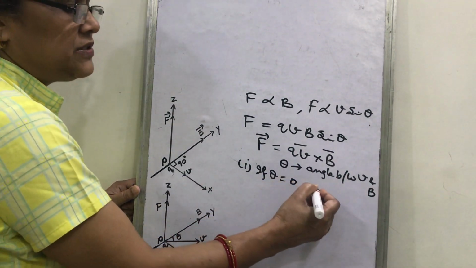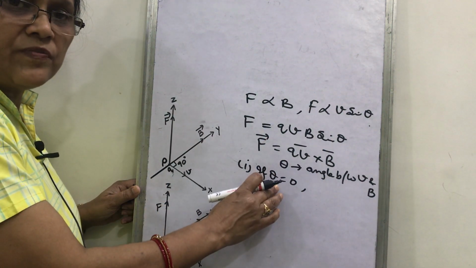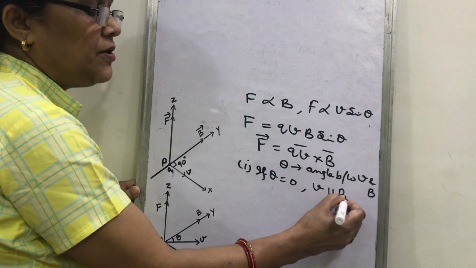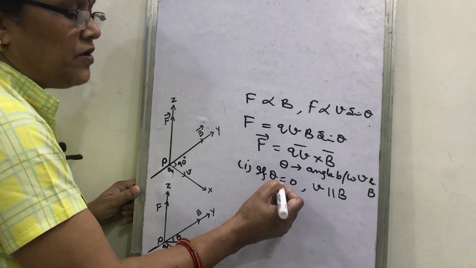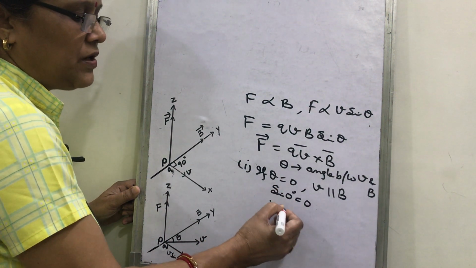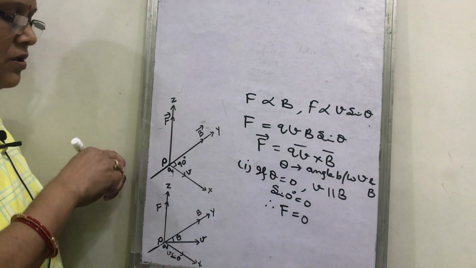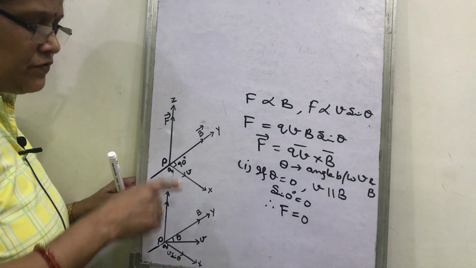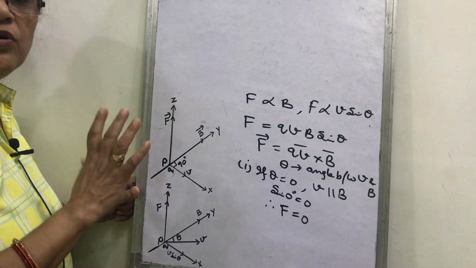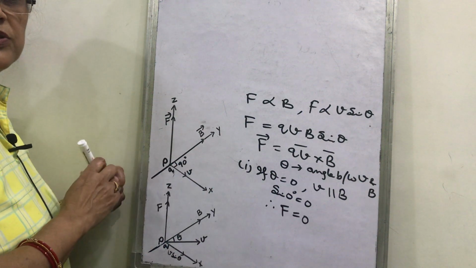In questions it may be asked as theta is 0, or they may say that v is parallel to B. If theta is 0, then sine 0 is 0, therefore F will be 0. So the force is 0 when the charged particle moves parallel to the magnetic field. No force acts. This is the minimum force.